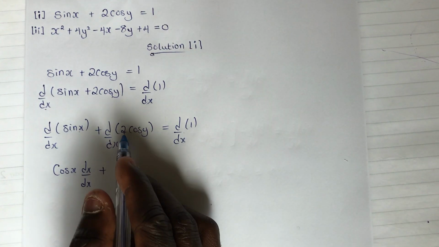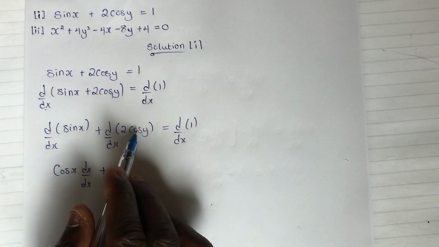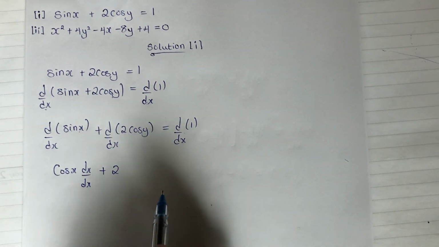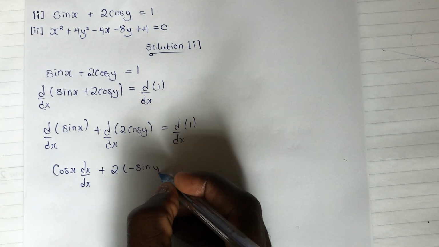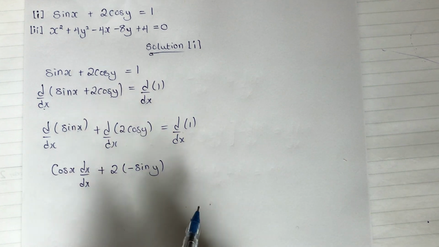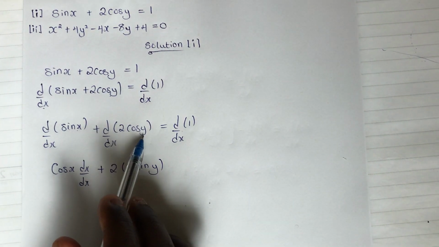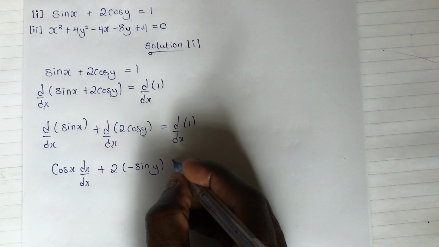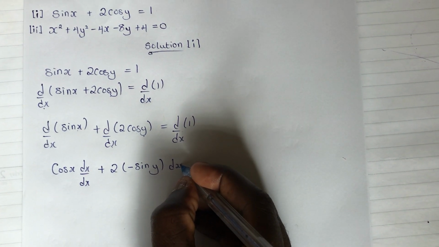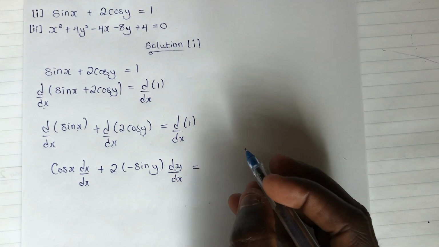Then plus, there's already a constant here, so we can bring it outside: 2. Now let's differentiate cos y. When I differentiate cos y, the result is minus sin y. When you differentiate cos, you get minus sin. So minus sin y. Now I differentiated a y term with respect to x, so I'll indicate that this is dy/dx. Then equal to the differential of a constant, which is 0.